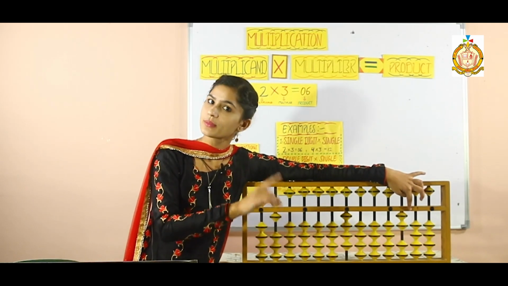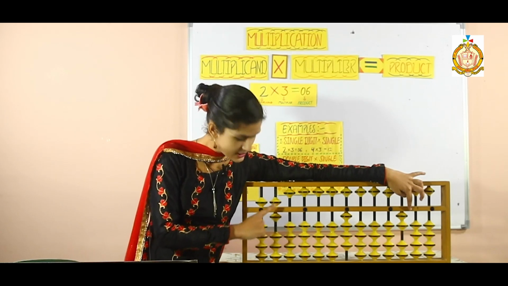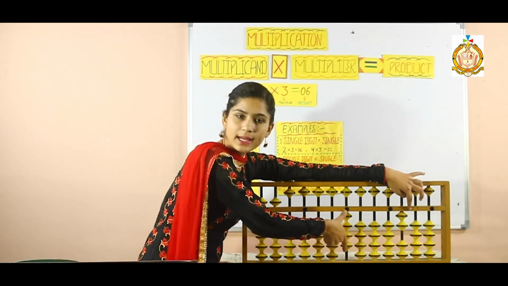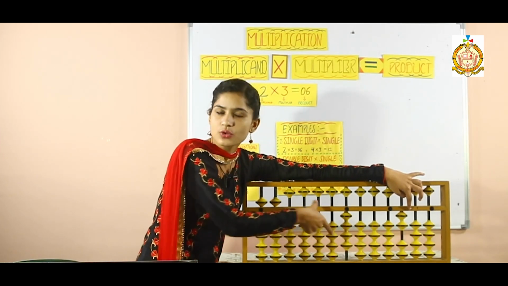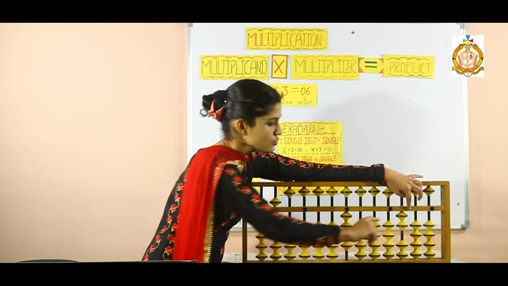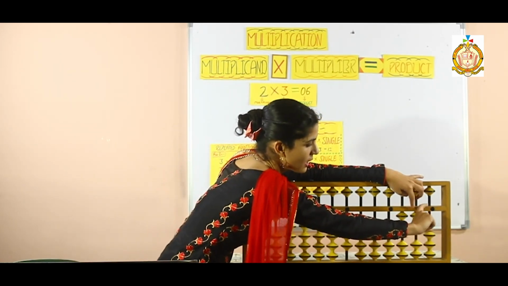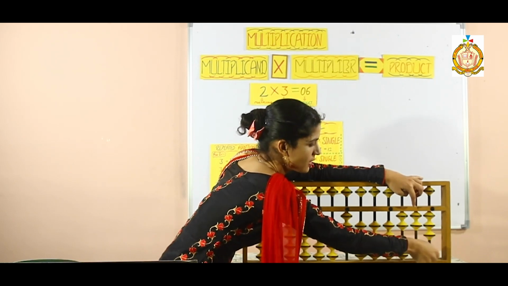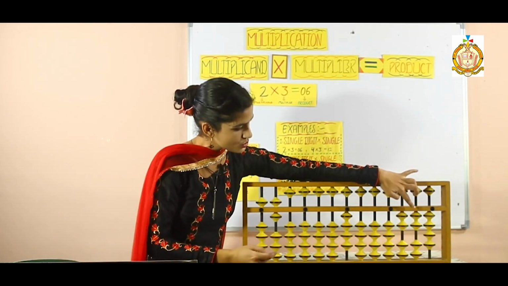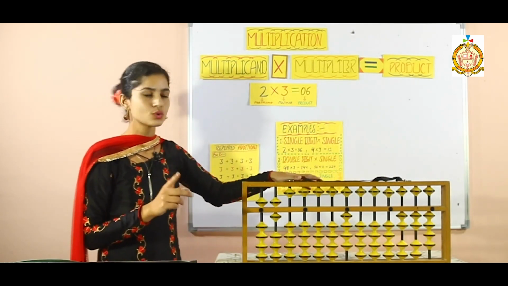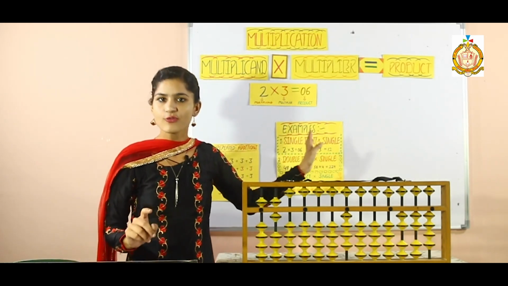Next you have to start from the second rod. Now next is 6. Your multiplier is 4. 6 into 4 is 24. So you have to add 2 here and 4 here. Now count the beads. 2, 2, 4. Your answer is 224. That is written on the flashcard.